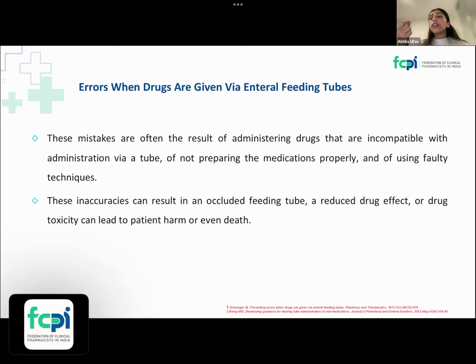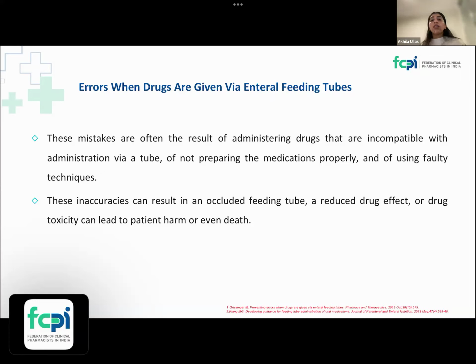You need to ensure the proper administration and the size, and the area should be cleaned every day. You need to check that there are no patches, infections, or any discharge from the site. These inaccuracies can lead to an occluded feeding tube and reduced drug effect.